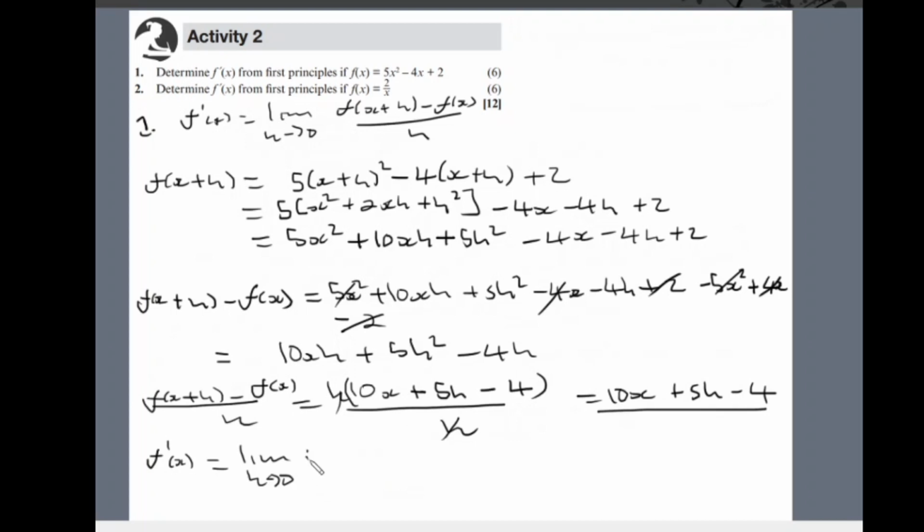So it will be 10x plus 5h minus 4, right? Wherever I see h now, I just put 0. So my final answer will be 10x minus 4. Okay, an easy 6 marks. And then we go on to question 2.